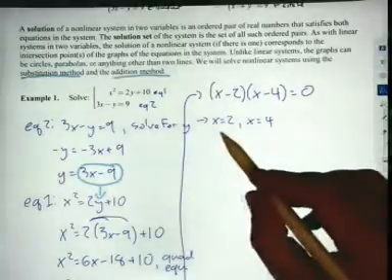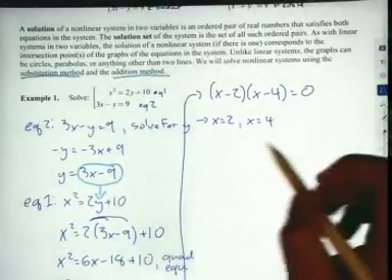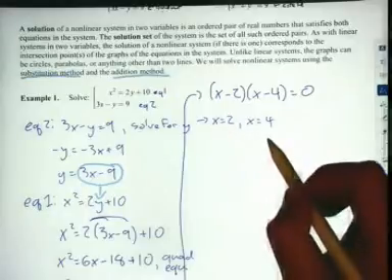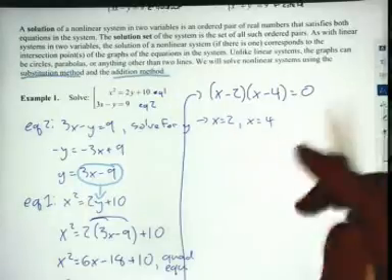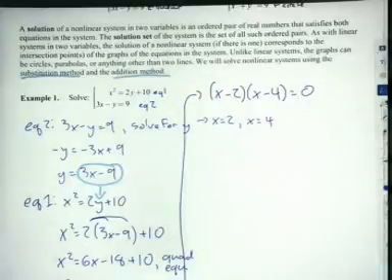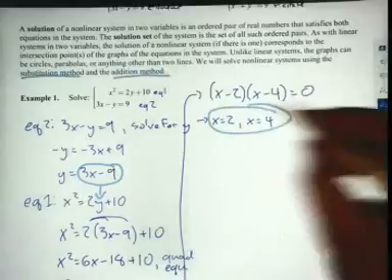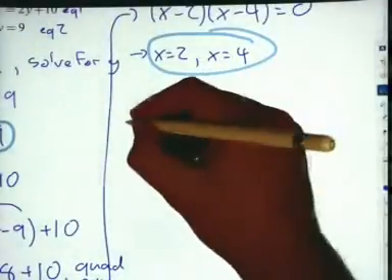I now have two solutions for x. X at the same time is 2 and 4. Those are my solutions. So that means that for each of these solutions, I have to go through and find the corresponding y. So here's what we're going to do.